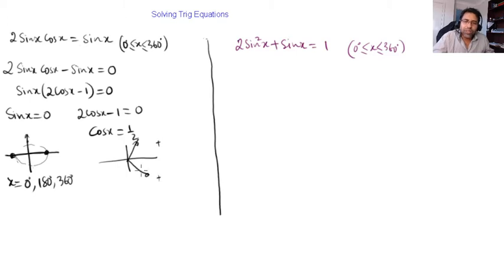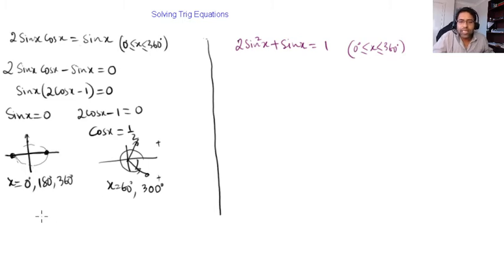Our x will be 60 degrees, that's the positive one. And for the other, we always go in the anti-clockwise direction, so it's 360 minus 60, which is 300 degrees.